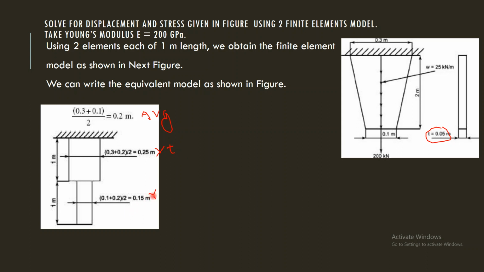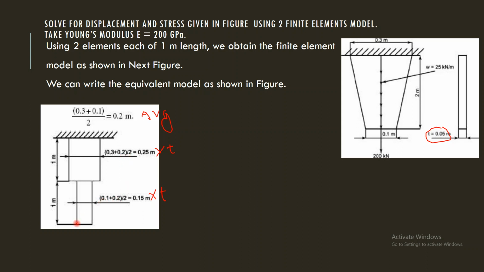The same thing we did for the Hypermesh lab also. So the first step is how we are going to convert this into a stepped bar. First step is to calculate the average area or the average length, and then consider that average length by taking the first length, that is 0.3 plus average length divided by 2.